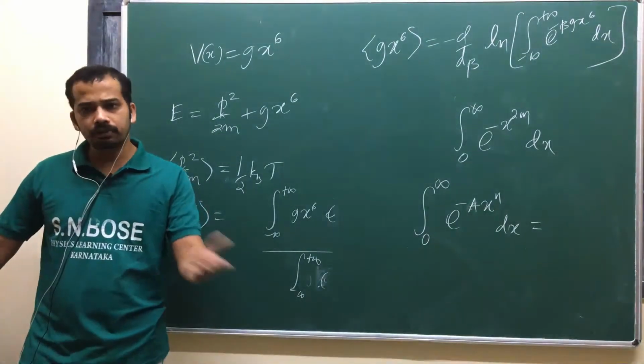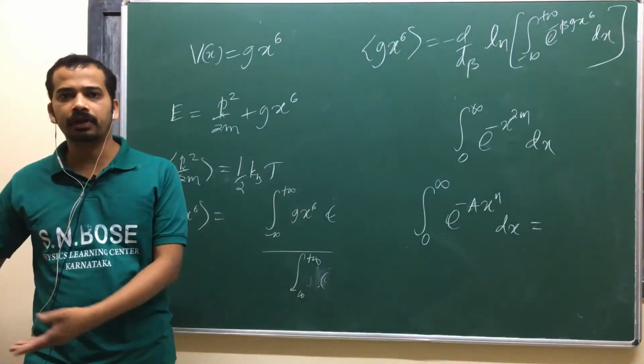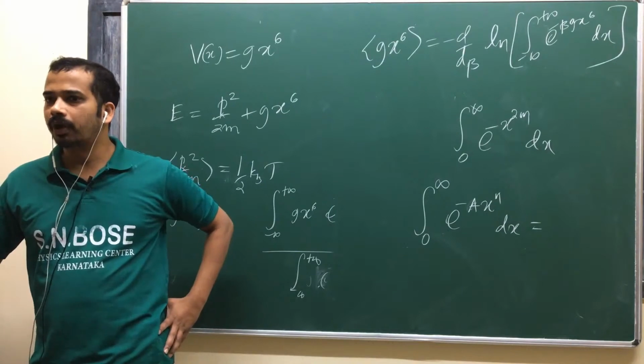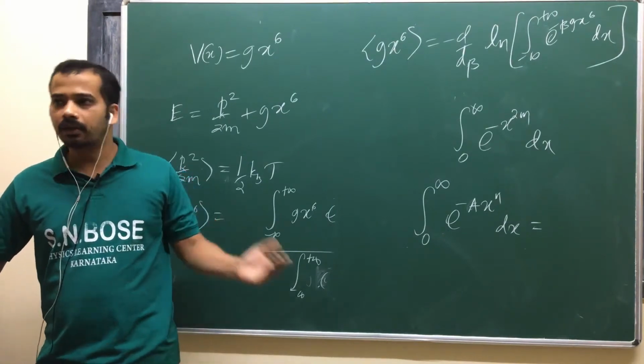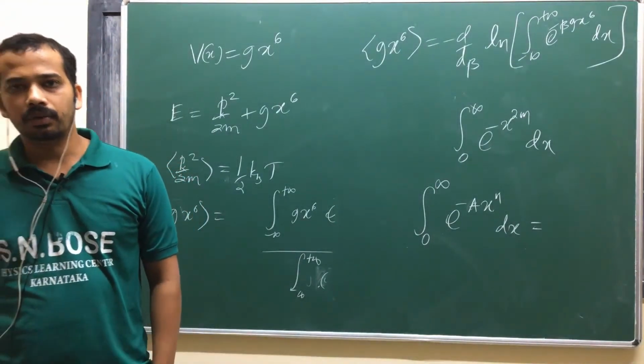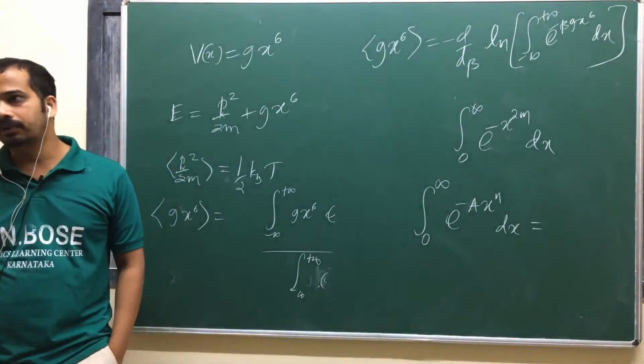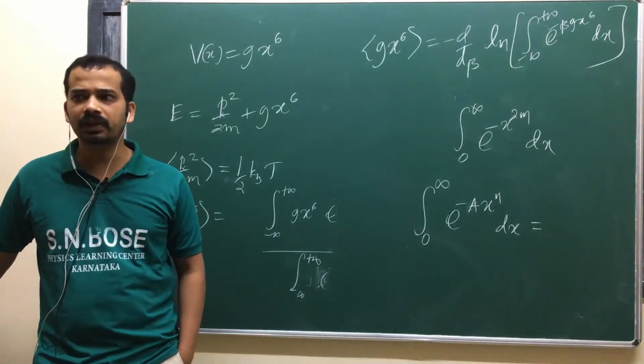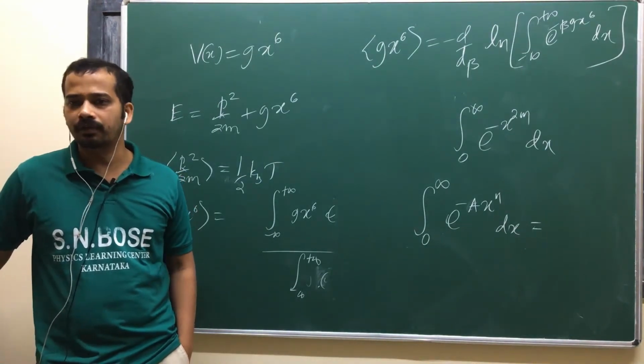And along with that, Griffiths problems, Reif problems, Gasiorowicz problems, Griffiths electrodynamics, quantum mechanics problems, Zettili problems. Solving book problems will always help in the exam, because you will definitely get 3 to 4 questions directly from the textbook.